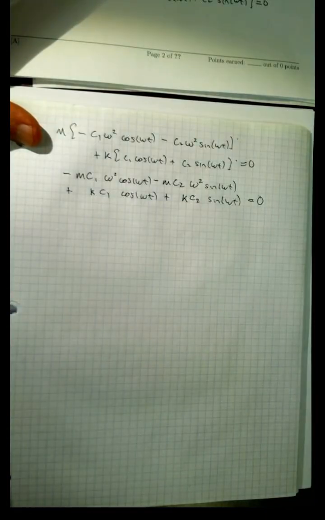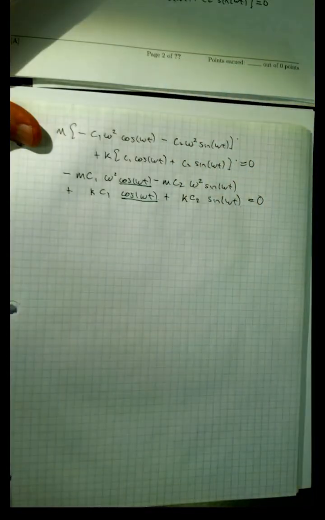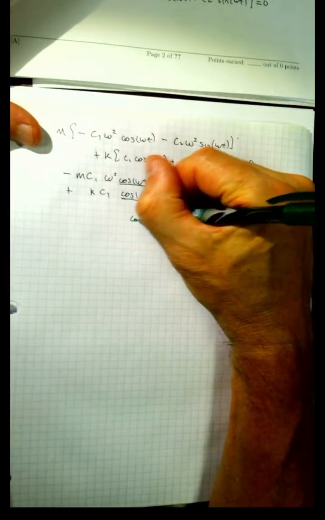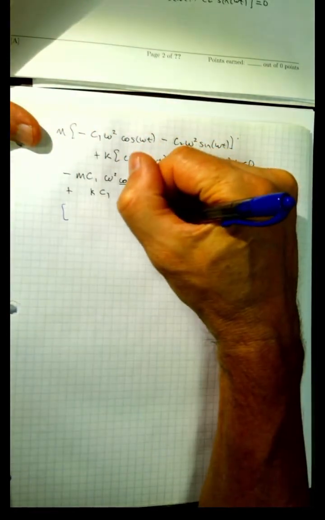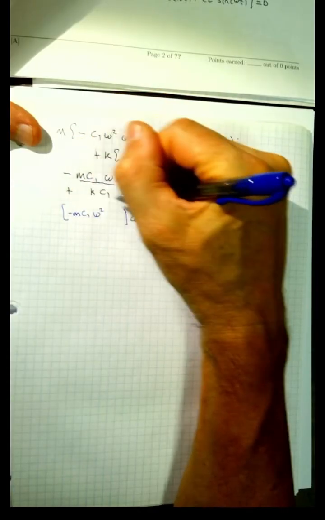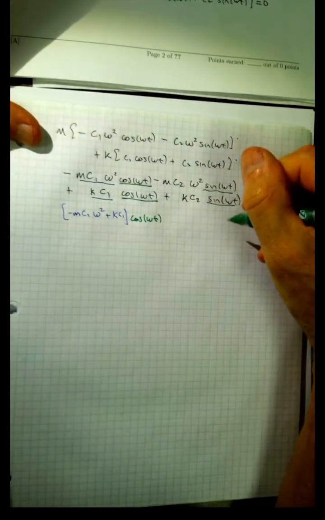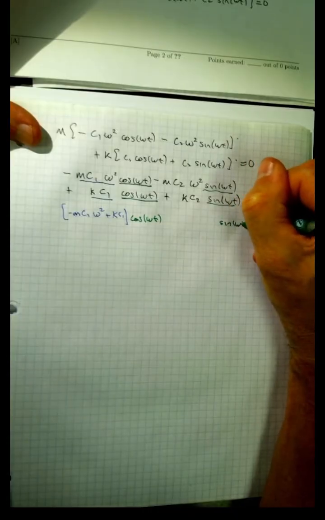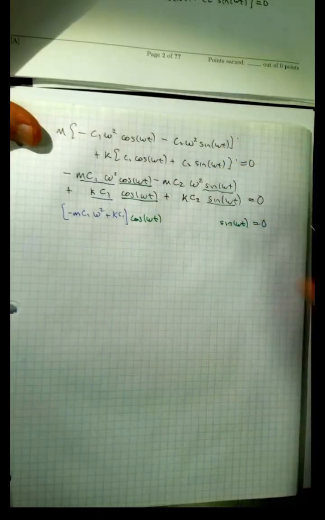I'm going to now collect like terms. So I've got two things that look like cosines. All right, and so for the cosines, I'm going to have this term plus that term. And now I'm going to collect all the other terms that look like sine. And now that's all 0. I'm going to leave the right-hand side alone.